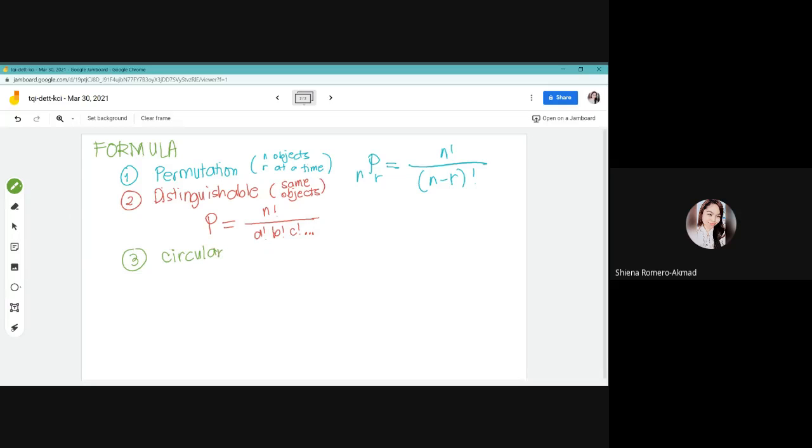Sa circular permutation, titingnan mo muna kung distinguishable yung counterclockwise and clockwise.